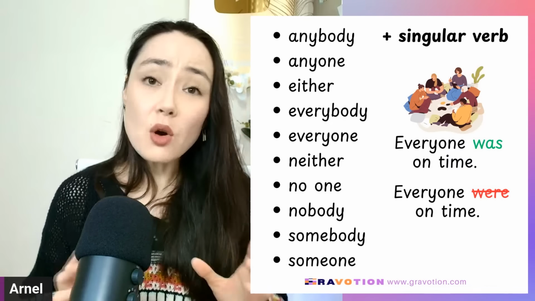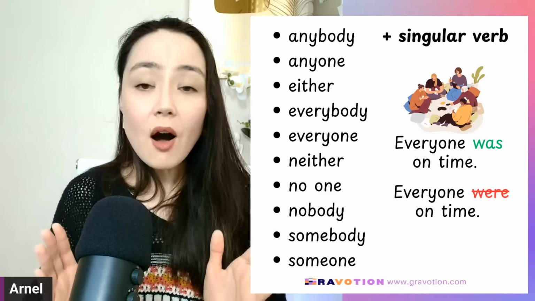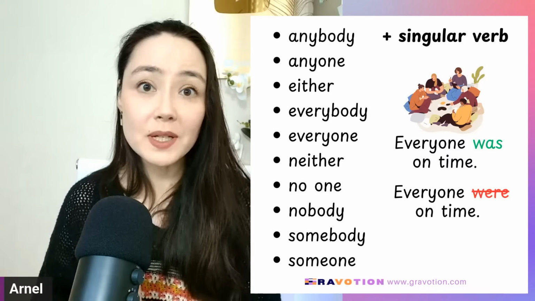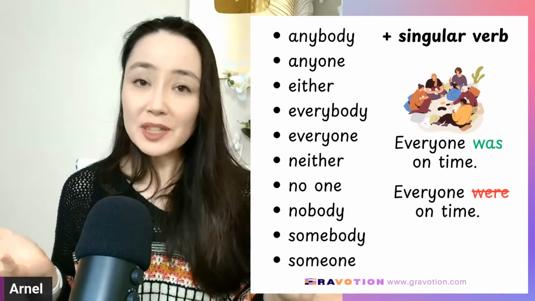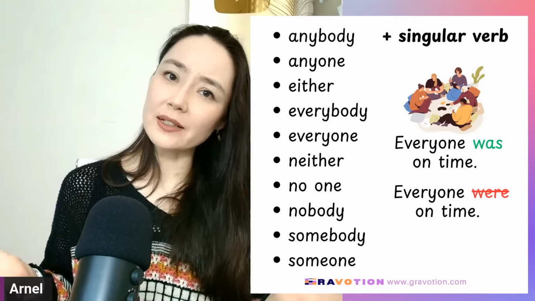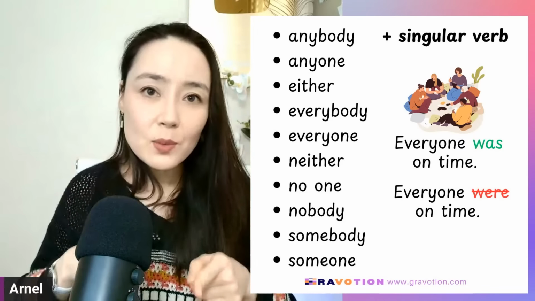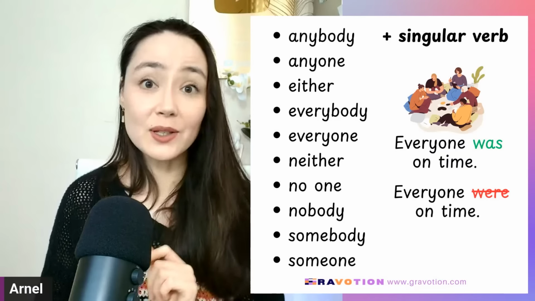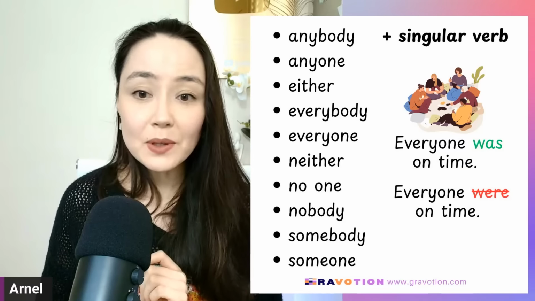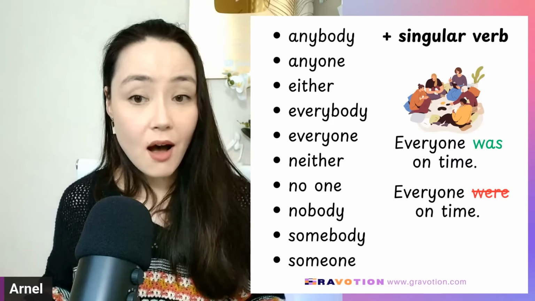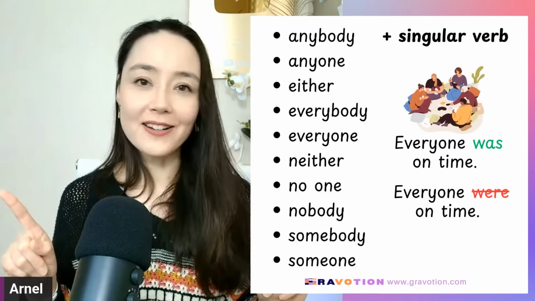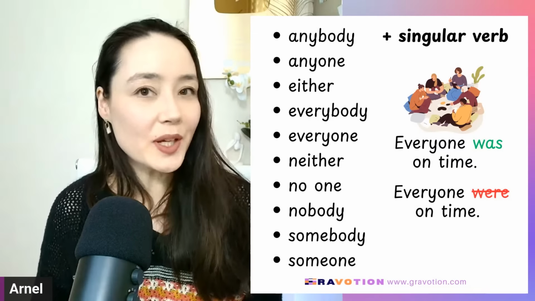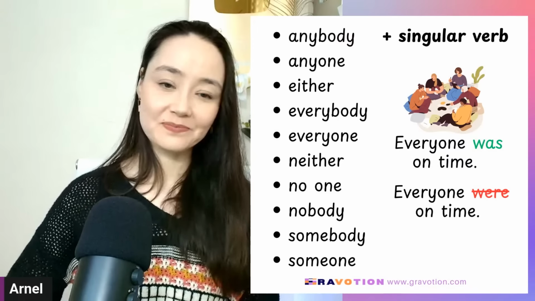These words are really common, but they all take a singular verb. Sometimes we think, everybody? But that's plural. All of these words are treated as singular. For example, everyone was on time. Not everyone were on time. We'll look at more examples.